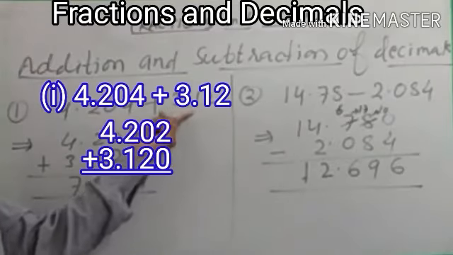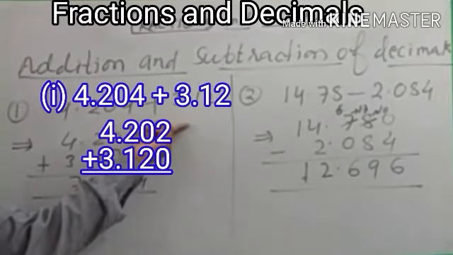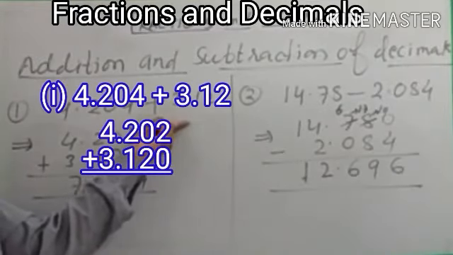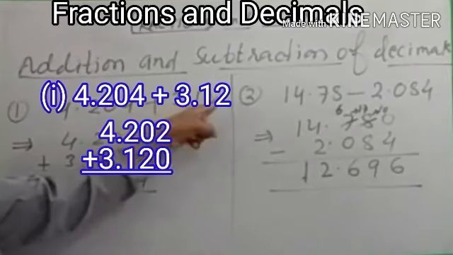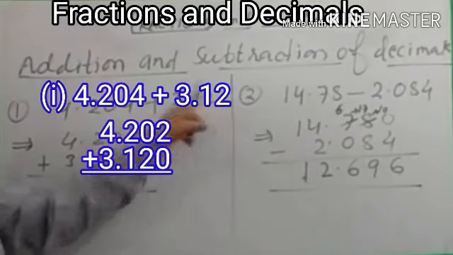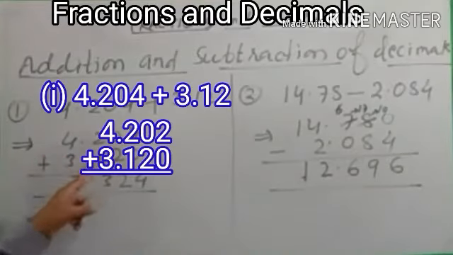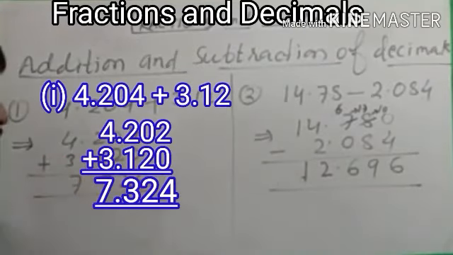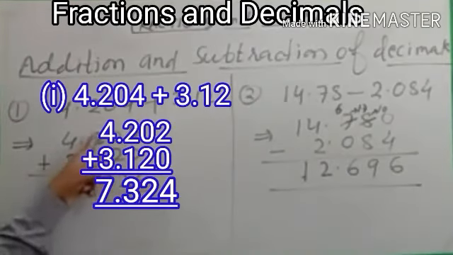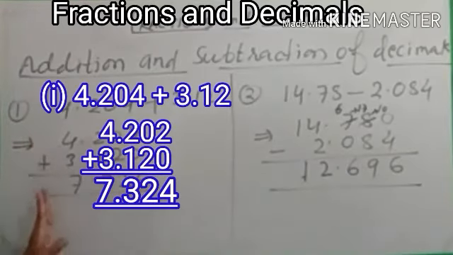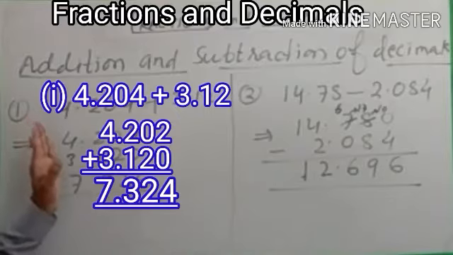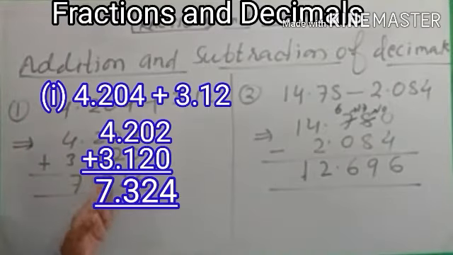So first we have to convert it into like decimals. We put 0 after 2 to make it like. 4.204 plus 3.120: 4 plus 0 is 4, 2 plus 2 is 4, 2 plus 1 is 3, and 4 plus 3 is 7. So the sum of 4.204 and 3.12 is 7.324.